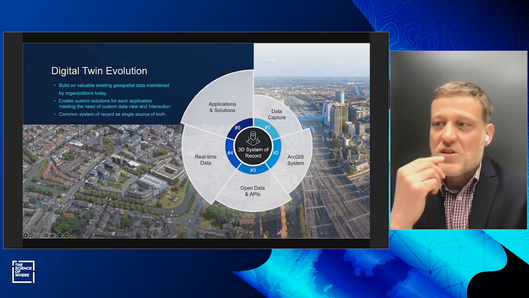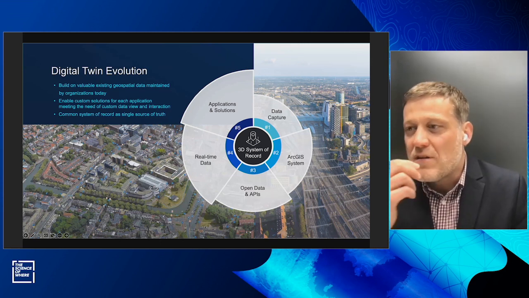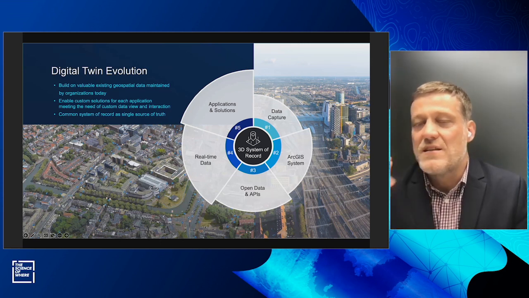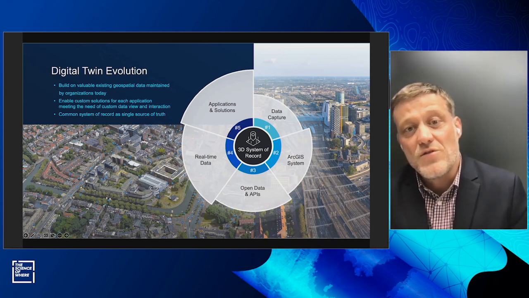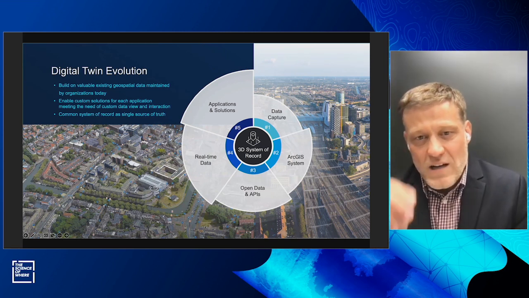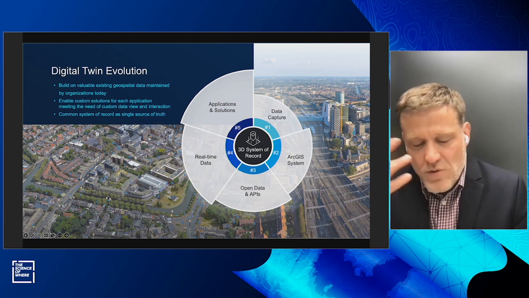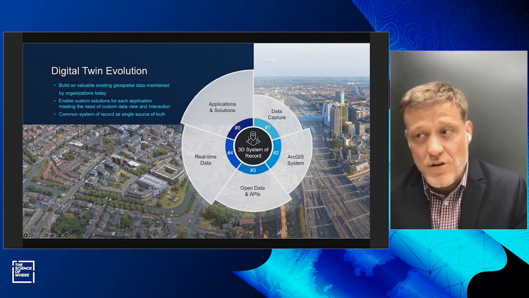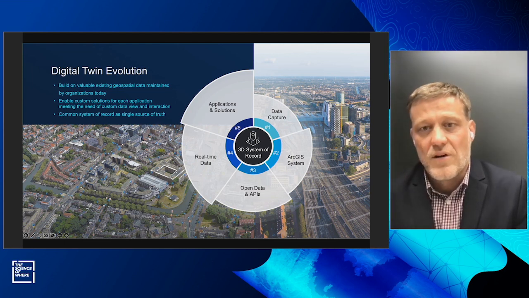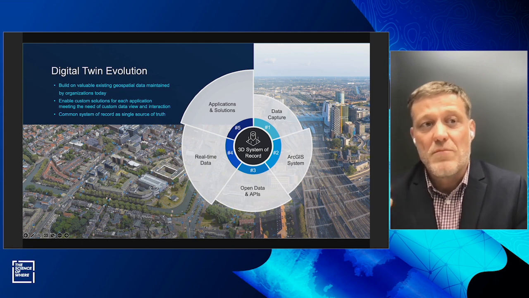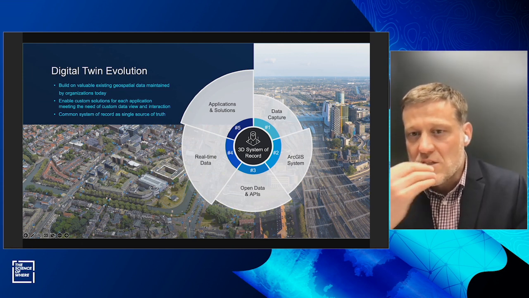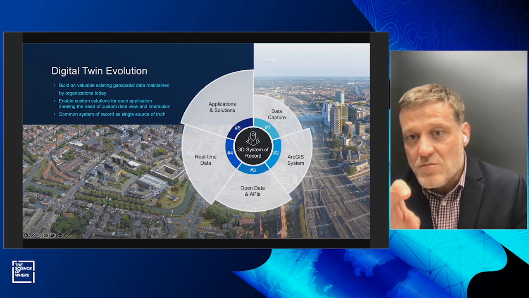And the core value of a digital twin is to enable workflows to simulate experiences in the digital world before you move into the physical world. And for us at Esri, we are looking at a digital twin more from a perspective of a maturity path, of how a living digital twin can be created. So it's all circled around the 3D system of record.